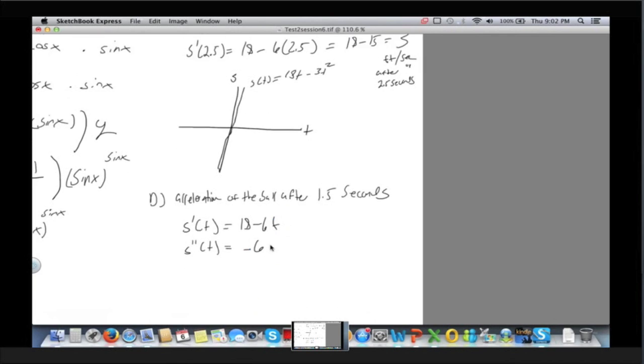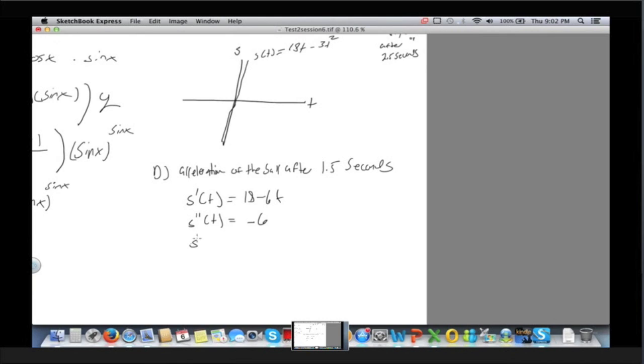So after 1.5 seconds, the acceleration is still negative 6 feet per second per second. Second derivative, negative 6. Okay? Excellent. That's a good method.